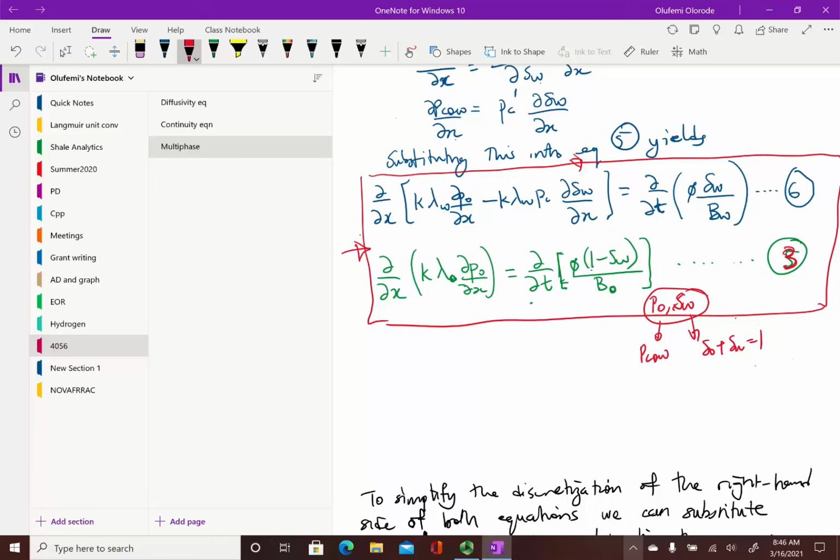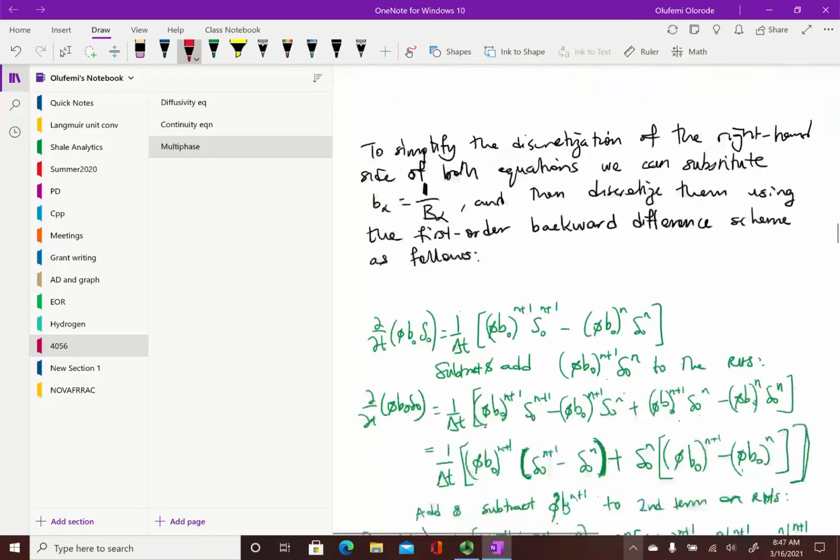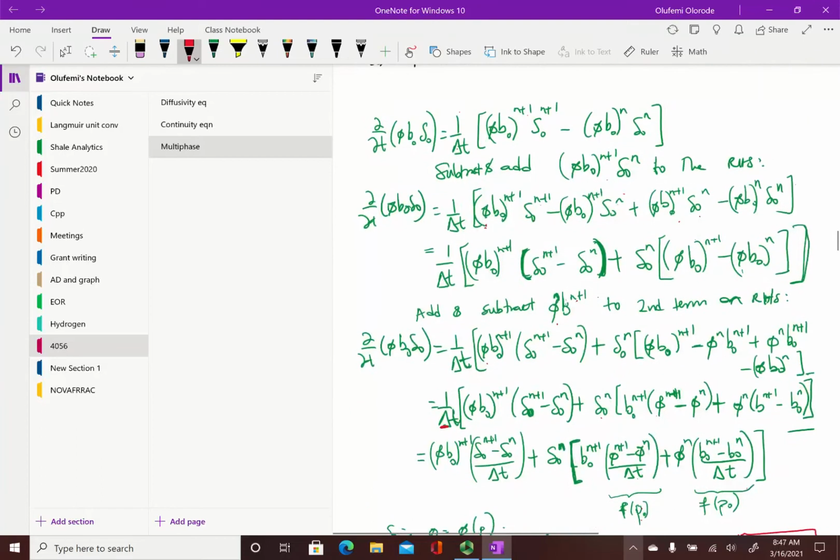And then these equations have to be discretized. For the left-hand side, we use central finite difference 2 times. And for the right-hand side, we use the backward finite difference. And I explained all of that in the previous 3 videos.